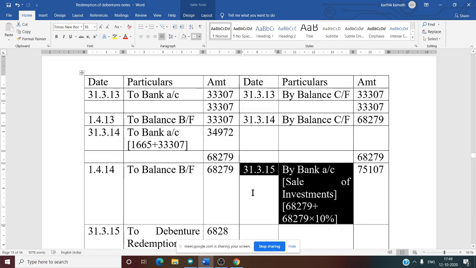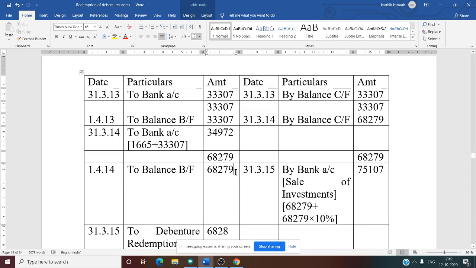So now on this actual value, see, this actual value we know. What is the actual value? That is the beginning balance at the end of last year, 68,279. On that you take 10%. That is nothing but 68,279 into 10%. You will get one amount, then plus 68,279. Why is 68,279 added?